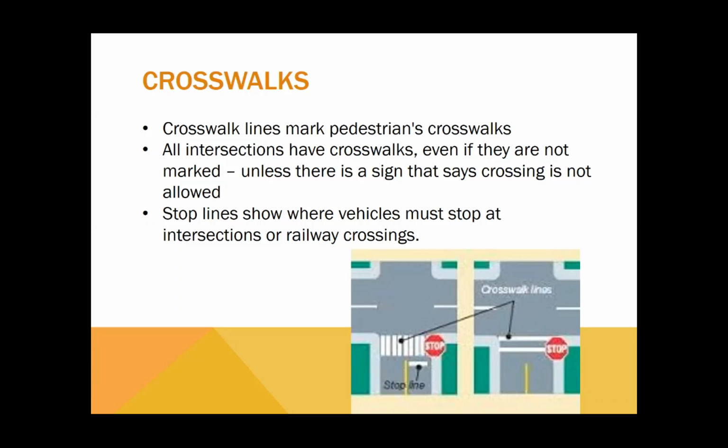On the other image, there's a crosswalk line but no stop line. You are still required to stop before that crosswalk. Even if there's no stop line, you need to prepare your vehicle to stop before you enter the crosswalk. You're not allowed to be parked or stopped in crosswalks. You definitely don't want to be obstructing pedestrians.